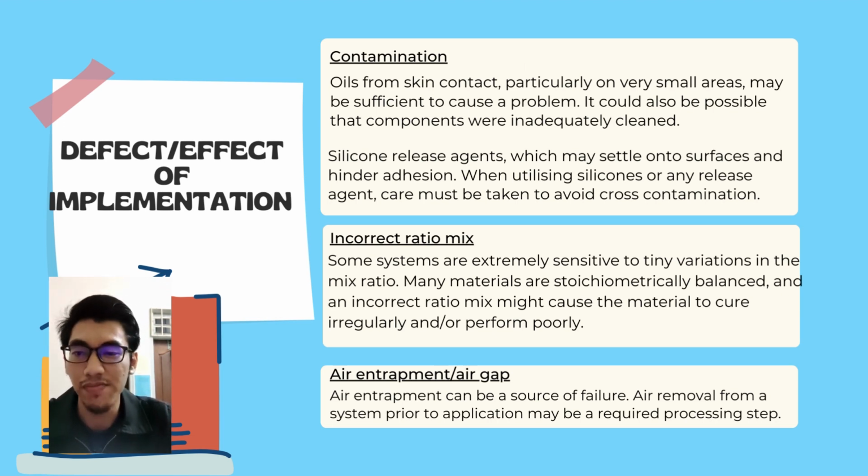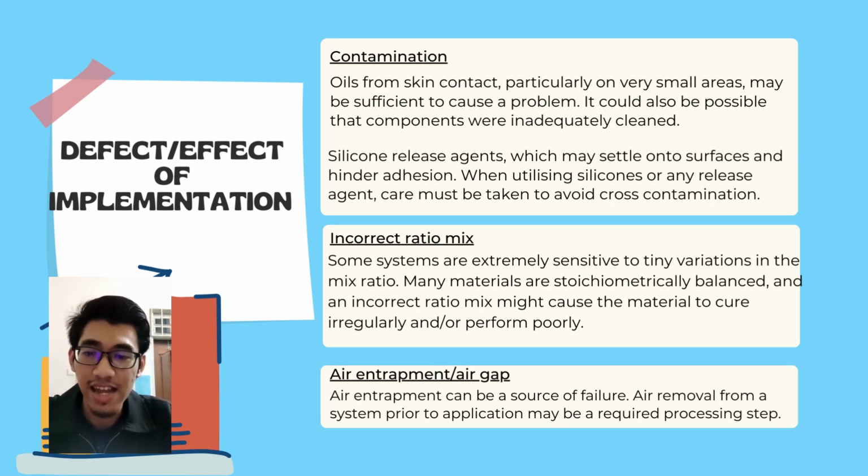Incorrect ratio mix. For many two-part materials, the mix ratio can be a substantial concern. Some systems are extremely sensitive to tiny variations in the mix ratio. Many materials are stoichiometrically balanced. An incorrect ratio mix might cause the material to cure irregularly or perform poorly.